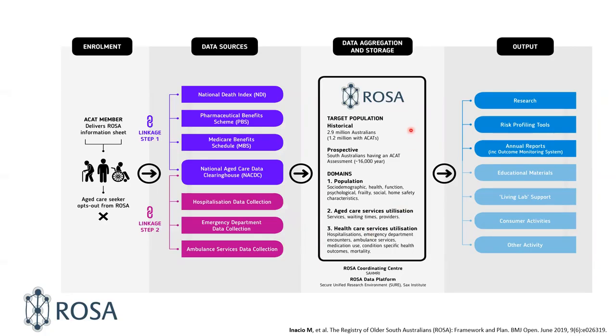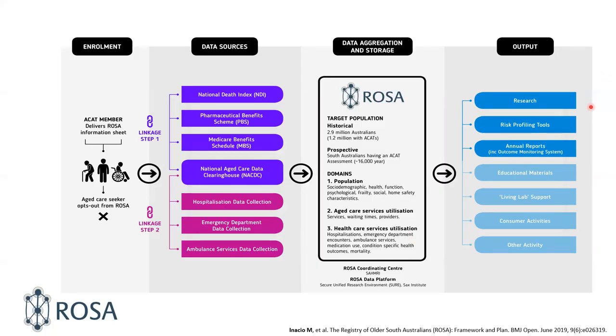The target population is the historical cohort of 2.9 million Australians and the prospective cohort of South Australians having an ACAT assessment. The domains cover population, aged care service utilisation, and healthcare services utilisation.